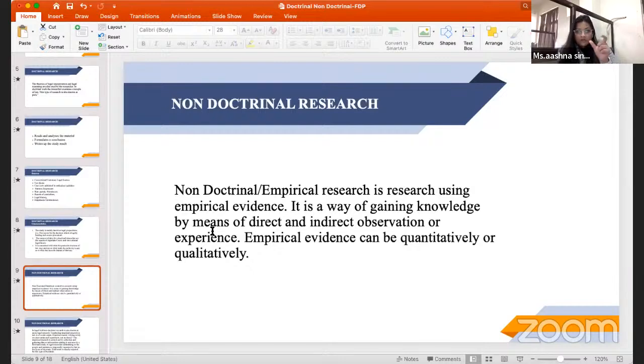Just breaking down the terminology part of it, if I have to talk about socio-legal research as an aspect, what comes to my mind? I see a problem that is existing in a society. I try and study that problem, that social problem or that issue in question, and I try and resolve it through my research. Now, how do I do that? How do I conduct a socio-legal research?